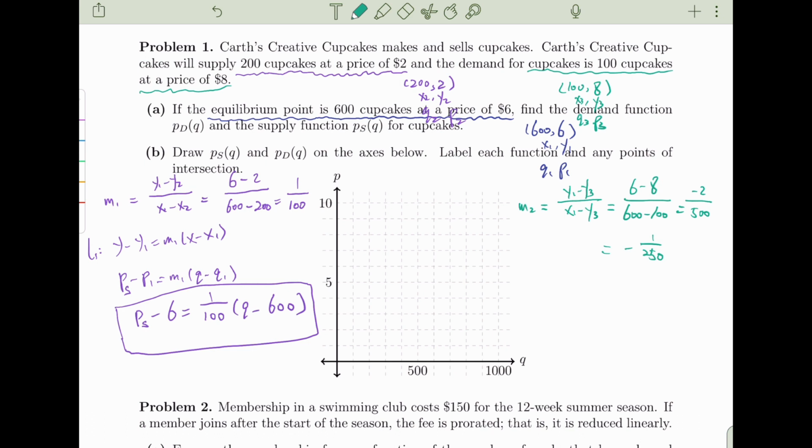And now L2 can be found by using the point slope form, right? y minus y1 equal to m2 times x minus x1. Because, you know, the x1, y1 is the point of the intersection, which can be used either for the demand line, the green line, and the supply line.